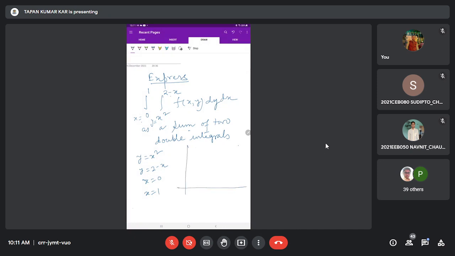If you draw the x and y axes, first draw x square equal to y, which is the parabola. Then the line x plus y equal to 2 minus x, that is x plus y equal to 2, just like this one.